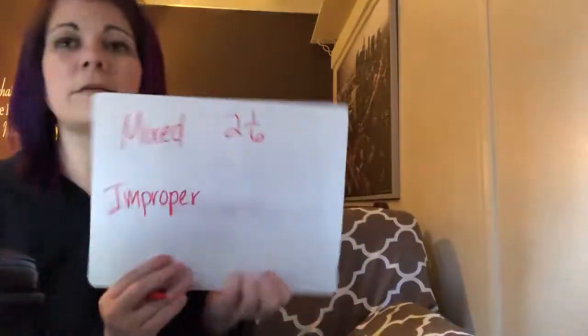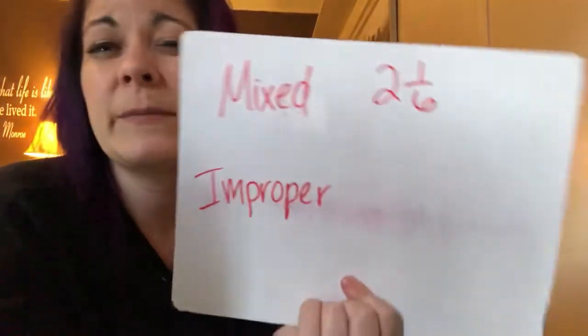Okay? Now let's do mixed to improper. Let's say we have 2 1/6 as our mixed number and we want to change it to an improper.